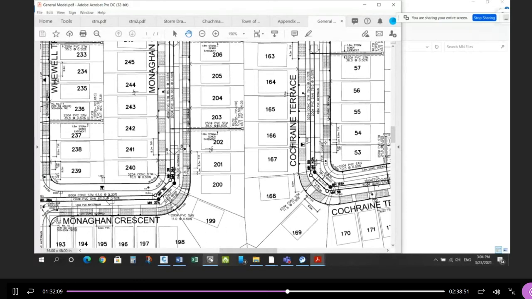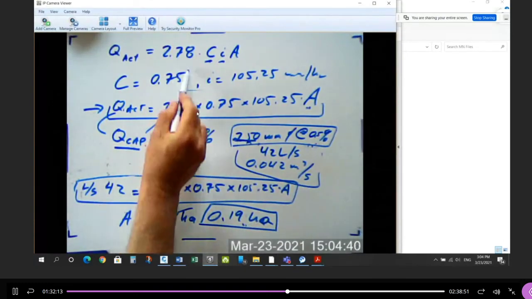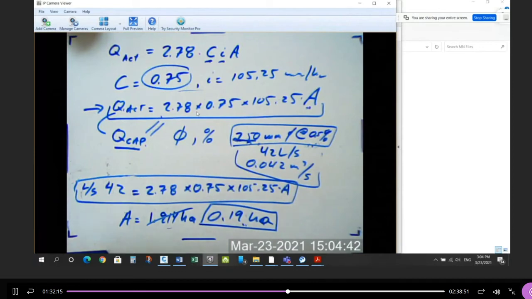And remember, I'm being conservative. Go back to the calculation. I'm using 0.75. In reality, most of my subdivision is 0.5, which means you can take even more area. Instead of using 0.75, I can use 0.5 for the single homes, and I can actually take a larger area. Most of this site is residential subdivision, single detached lots.